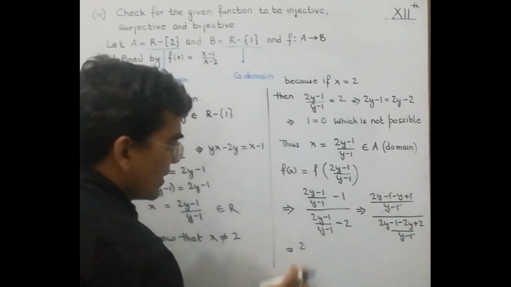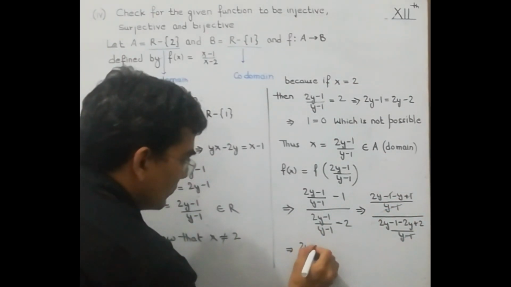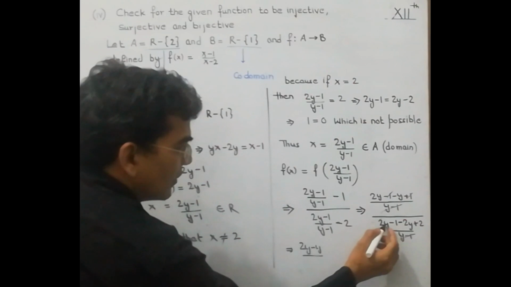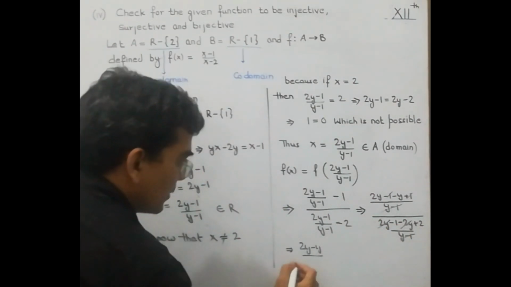Minus 1 plus 1 will cancel out. In the denominator place, minus 2y plus 2y will cancel out.